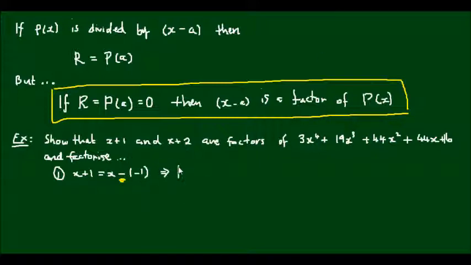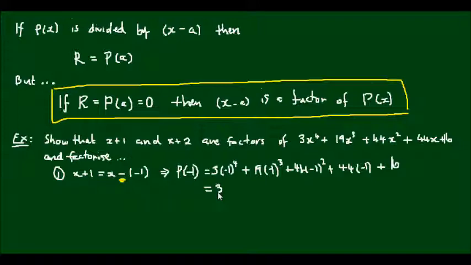So then p of negative 1 is equal to 3 times negative 1 to the fourth plus 19 times negative 1 cubed plus 44 times negative 1 squared plus 44 times negative 1 plus 16. Negative 1 to an even power is always positive, and negative 1 to an odd power will always be negative.